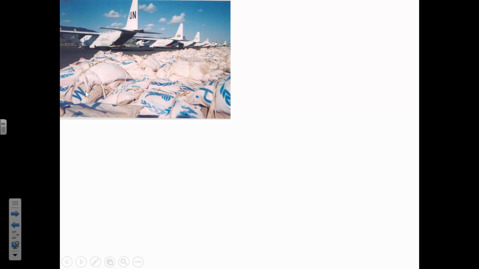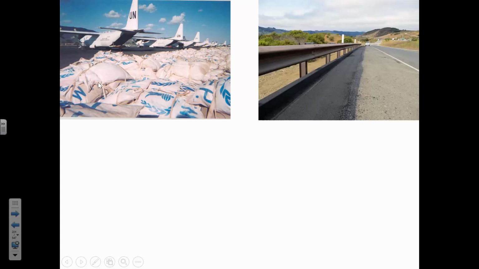Some people make donations to starving people, and so there must be some motivation for them to do that besides maximizing profit. Because if you wanted to maximize profit, dumping it in the ocean would be cheaper than flying it all the way over to where it needs to go. So that's one illustration. Another would be in the case of highway safety.